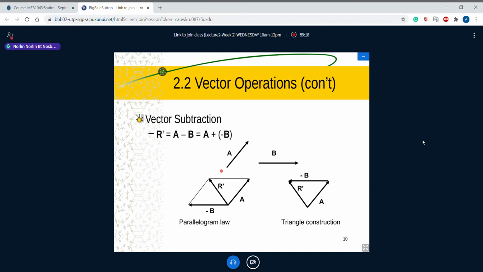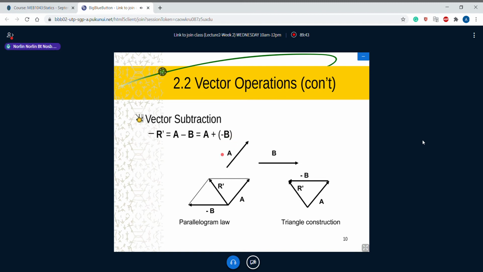You want to look at the subtraction, which is A minus B. If the question is on A minus B, but you only have A plus B, right? There's no minus. So how do you do it? You rewrite the question as A plus minus B.